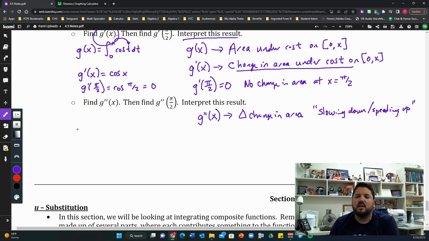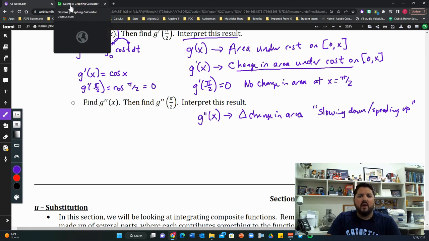We can still do that same thing. So when we talk about the change in area, we're talking about, is it increasing or decreasing? But we can also talk about, is it increasing very slowly, or is it increasing very quickly, or decreasing very quickly, or decreasing very slowly? Well, that has to do with the amount of area being added or subtracted to the total.